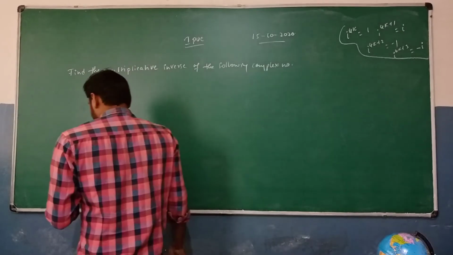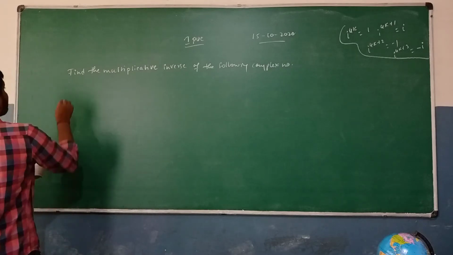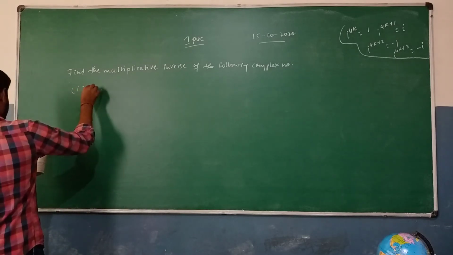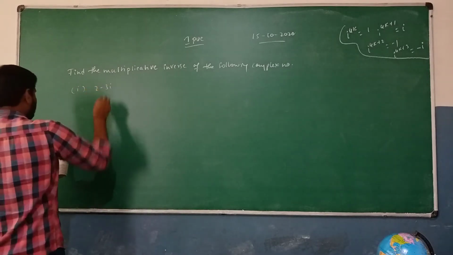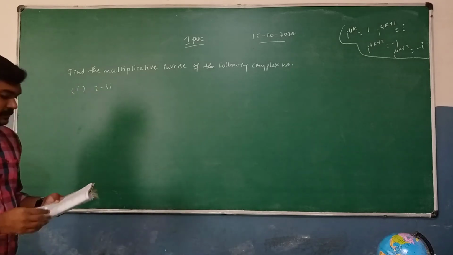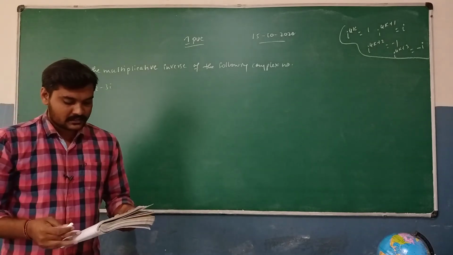Okay, so here the first one is 2 minus 3i. Okay, so we need to find the multiplicative inverse of these things.